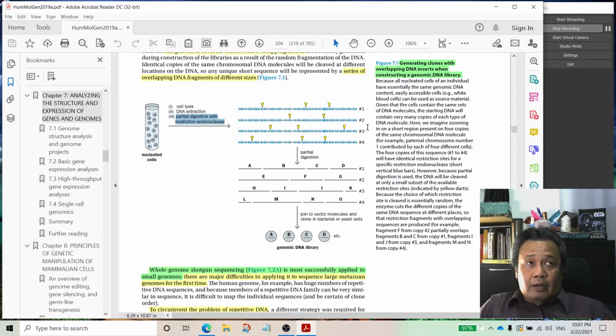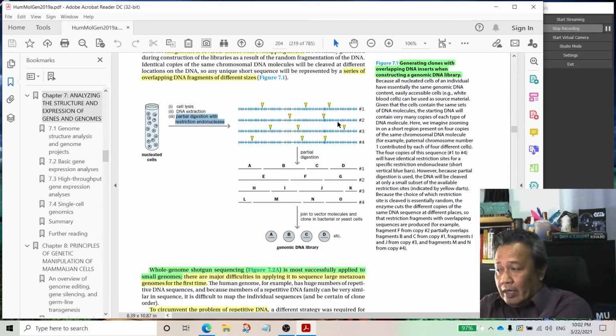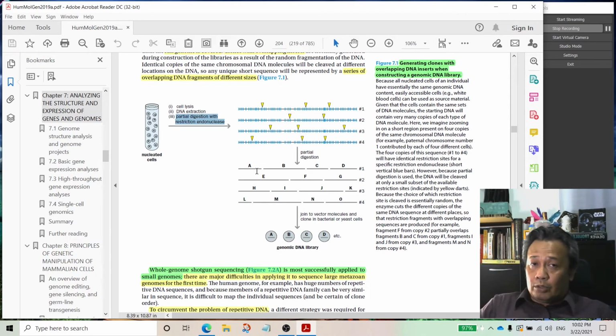If the enzyme is given in the full amount, it will cut at all the same places in all fragments. But because you are given a limited amount of enzyme, each fragment will be cut differently. You don't have enough enzyme. The result is that you will have different fragments A, B, C, D, and so on, and these different fragments can be cloned into a suitable vector. Then what you have is a genomic DNA library.